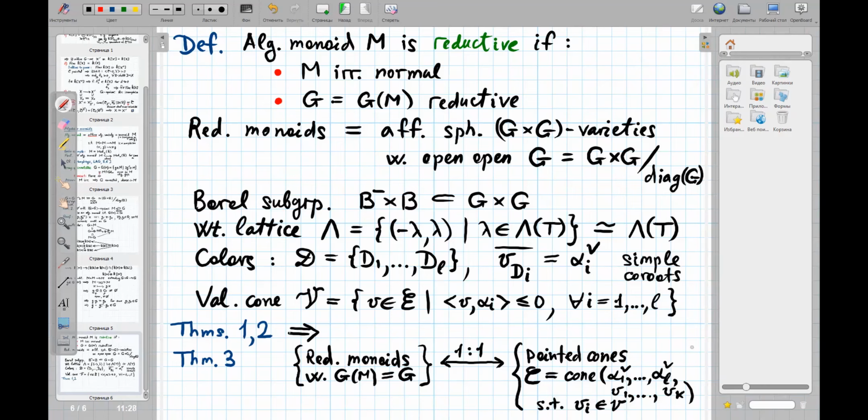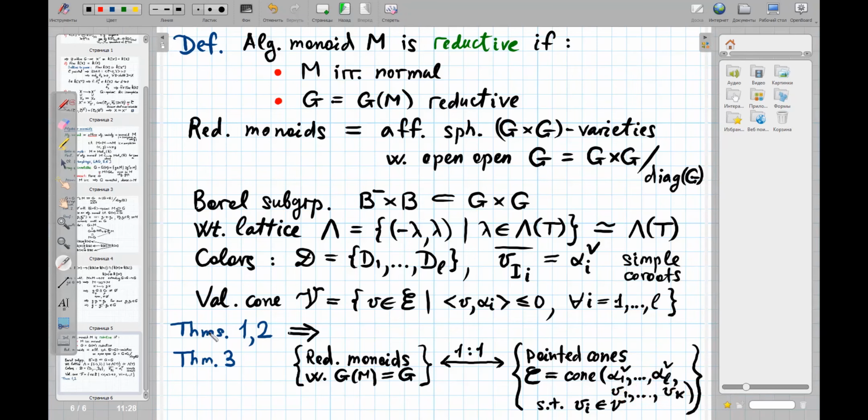So there is a one-to-one correspondence between the reductive monoids with given group of invertibles and colored cones of this type, generated by all simple coroots and finitely many vectors in the negative Weyl chamber. The cones should be pointed, of course.